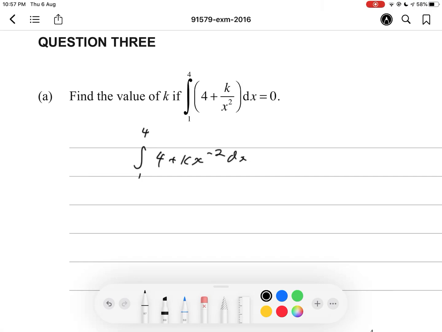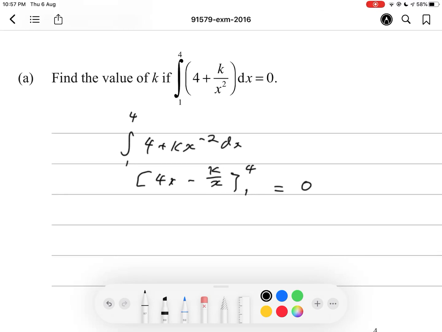And now we're just going to apply the power rule, so this becomes 4x minus k over x between 4 and 1. And this we know equals 0. So therefore 16 minus k over 4, minus 4 minus k over 1, that equals 0.